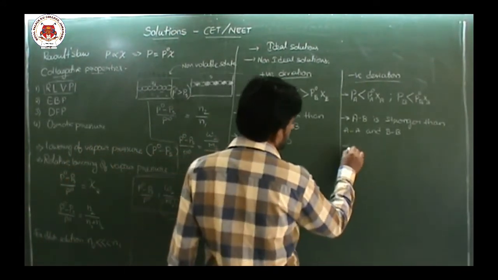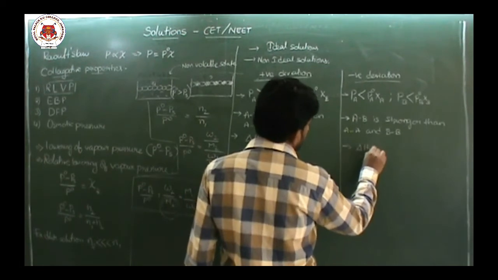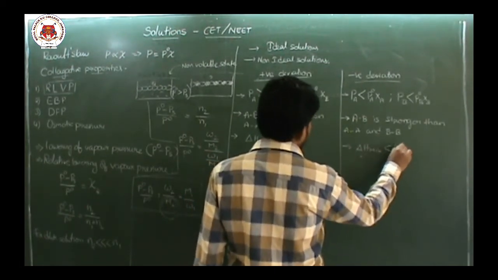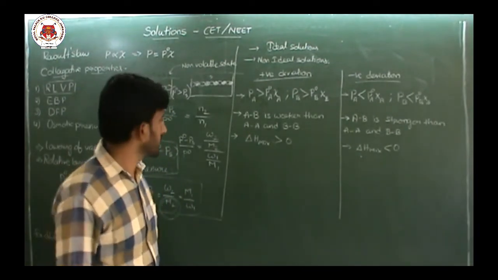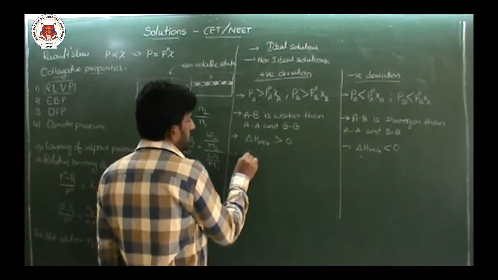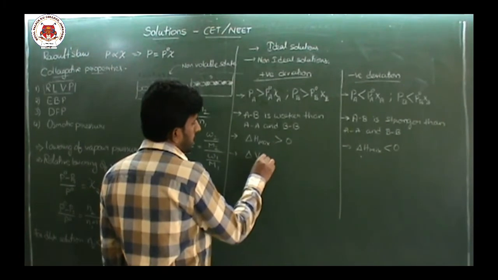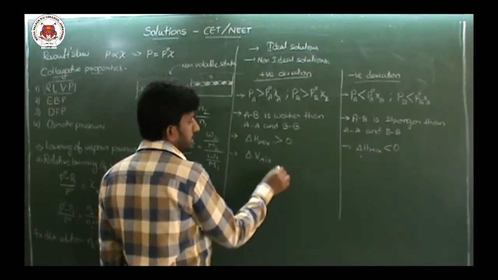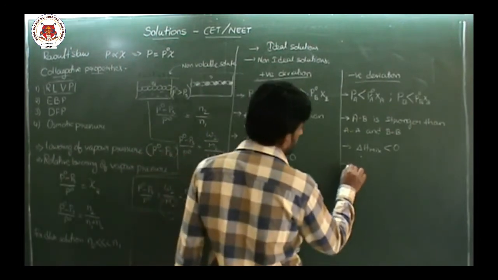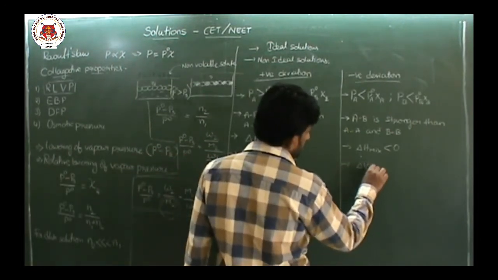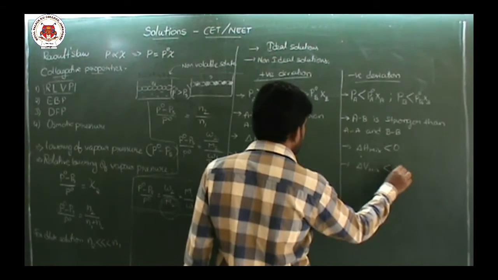Here delta H mixing is less than zero, exothermic, negative deviation. Here delta V mixing is zero, here delta V mixing is greater than zero, and here delta V mixing is less than zero.